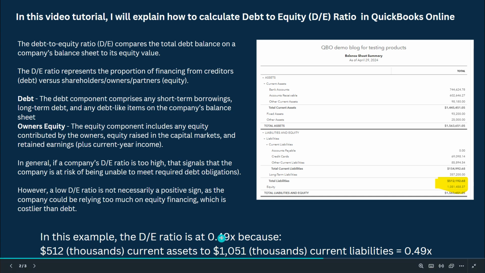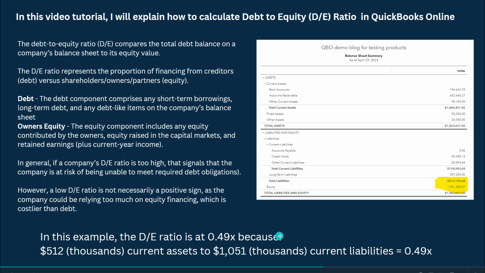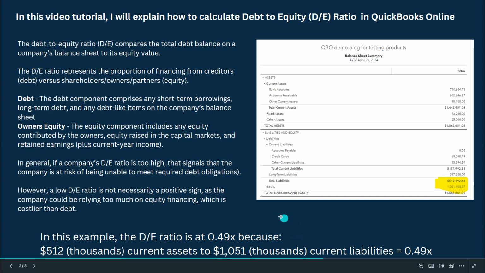So the ratio is 0.49 times. In this case, it's less than one, and it's pretty good.